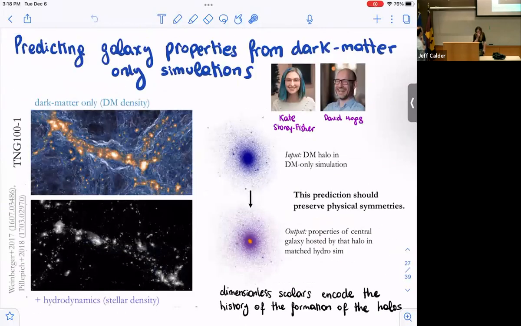So this collaboration started because I was at the Center for Data Science at NYU, working with David Hogg, an astrophysicist, who wanted to build a machine learning model for astrophysics with rotation equivariance. We looked into the literature and only found approaches using representations, and we thought there must be an easier way.